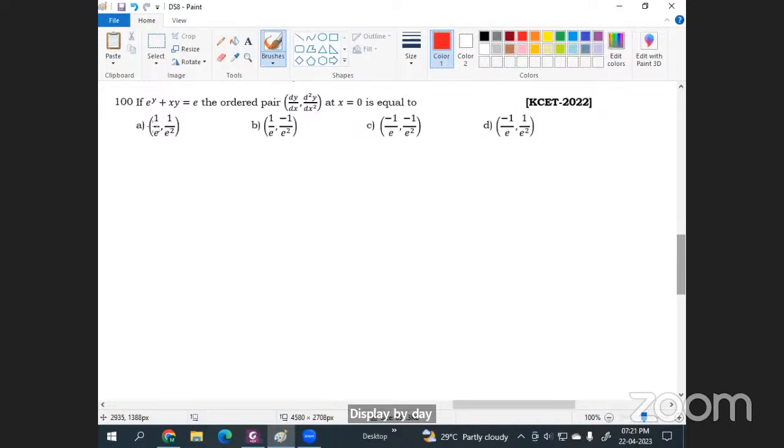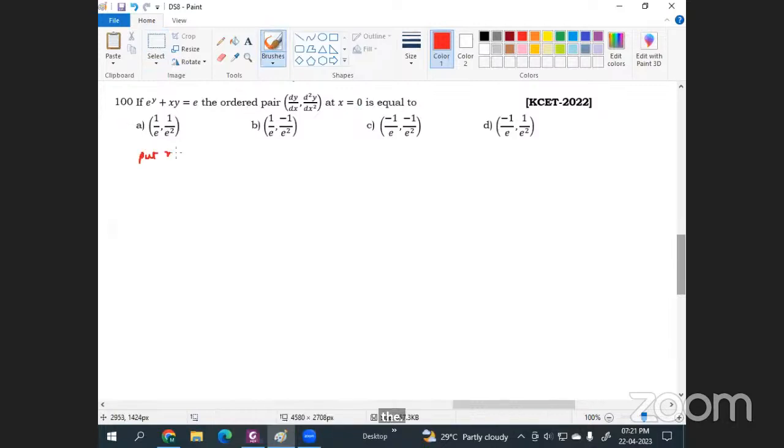Right? Now what I can do is this question. e power y plus xy equal to e, the ordered pair dy by dx you want. So I'll go for the normal differentiation. e power y dy by dx. First I'll go for the y value also, x equal to 0.